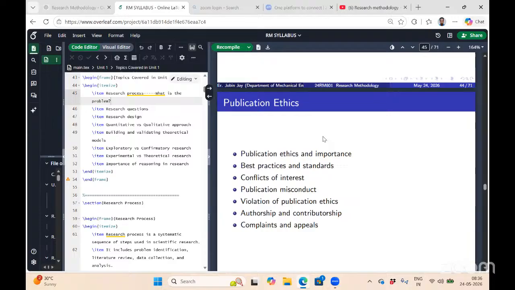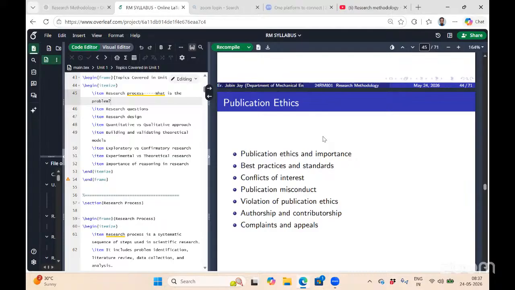Authorship and contributorship. Authorship refers to giving credit to individuals who contributed significantly to research. Contributorship identifies additional contributors who supported your research.